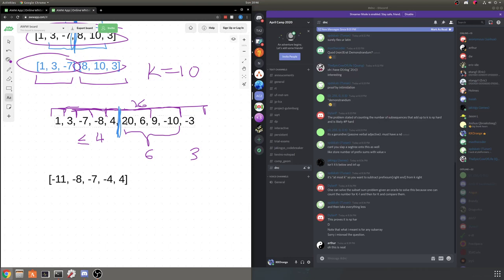And so what we can do now, after we've created this sorted set-like structure, it's actually probably just a vector, for each of these queries... do you have to sort these queries as well?